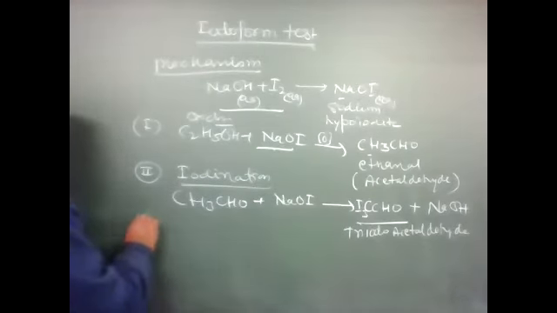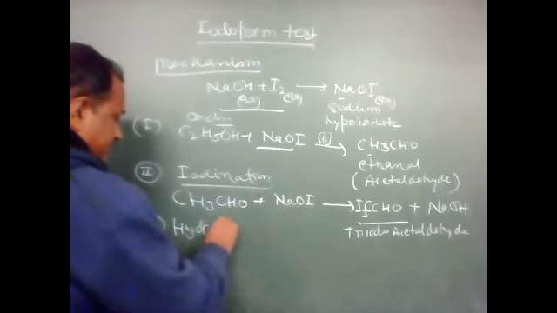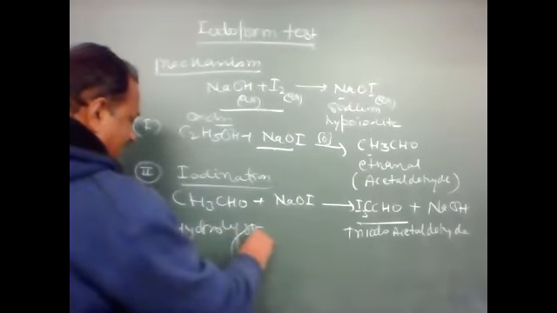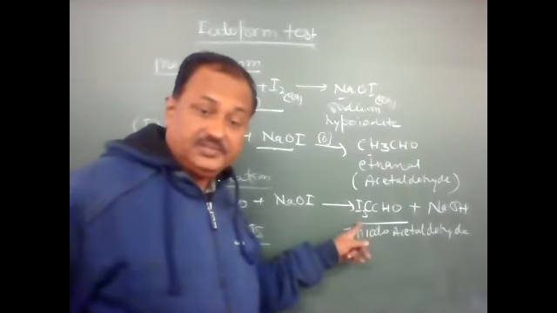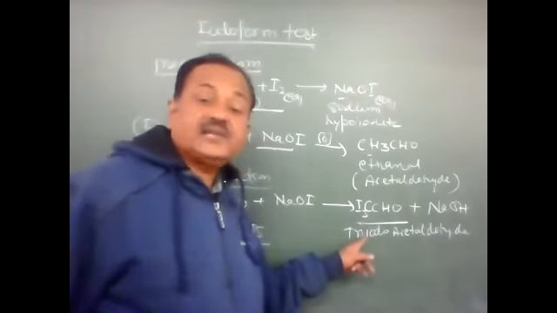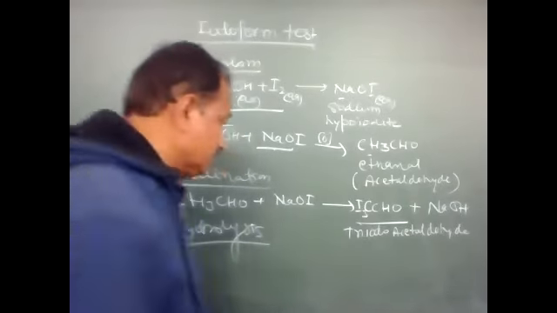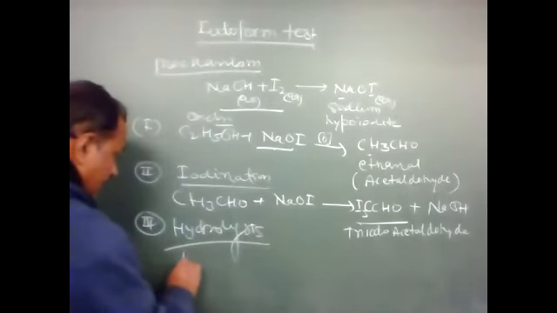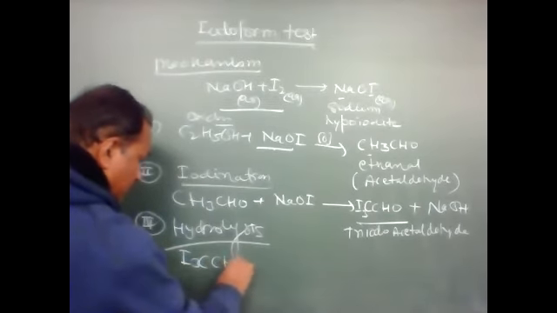Now the third step is the hydrolysis. Hydrolysis of this. What? Triiodoacetaldehyde or triiodoethanol. So this I3CCHO.